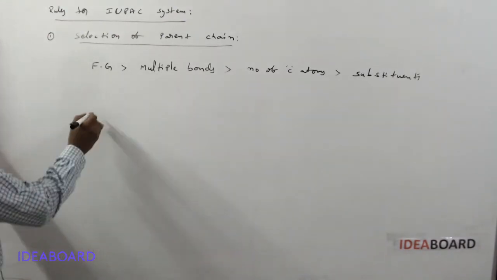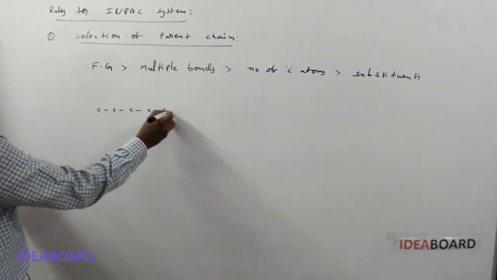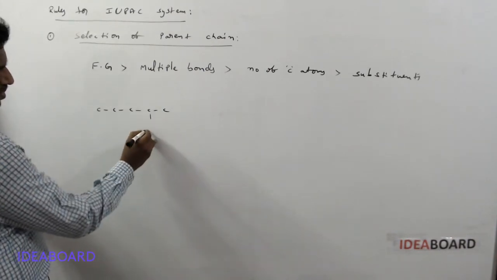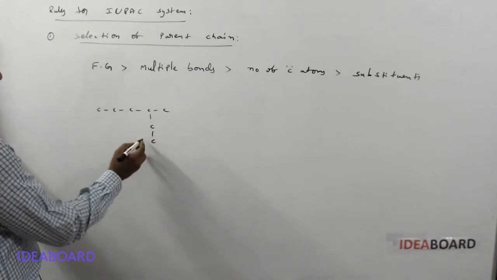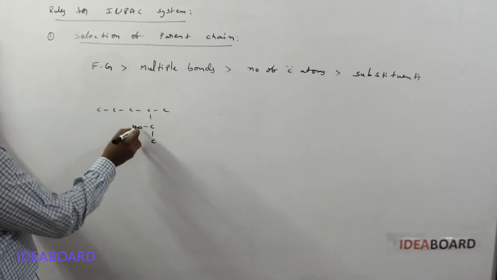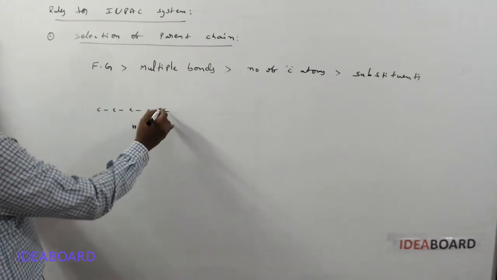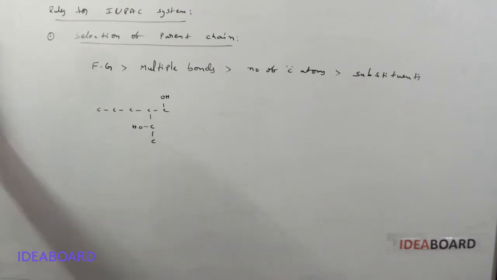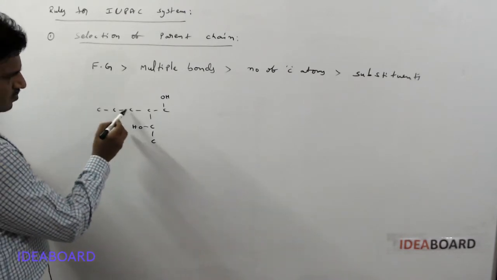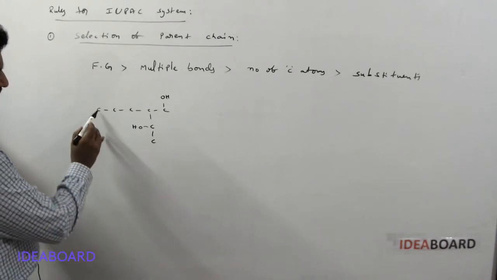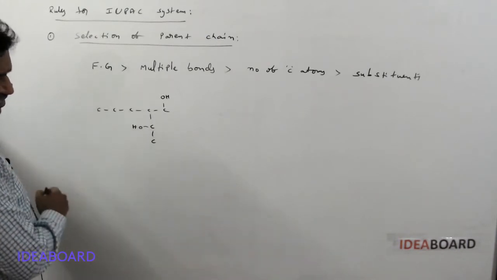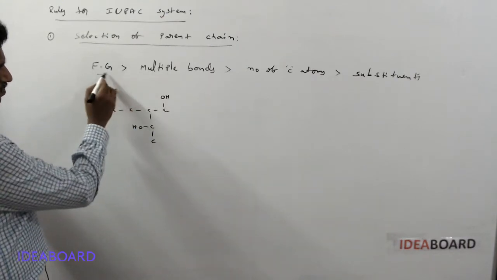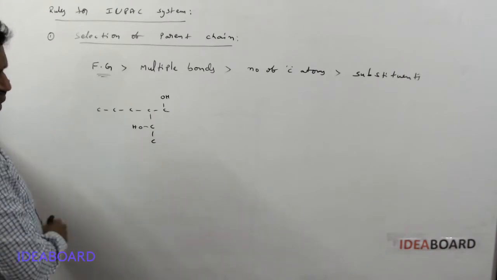Okay, suppose we are taking an example. Here this is a 5 carbon chain. Here an OH group is present, and here there is another OH group. If you write like this, you will get 1, 2, 3, 4, 5. If you write 1, 2, 3, 4, 5, 6, you will get a longer chain. But as per this rule, OH is a functional group.